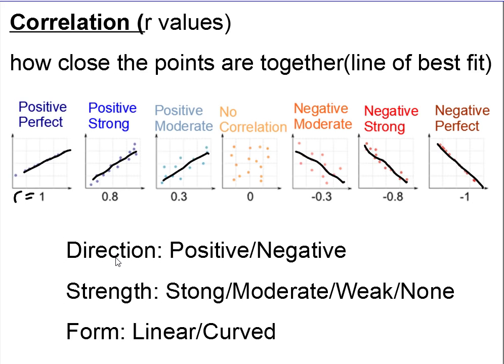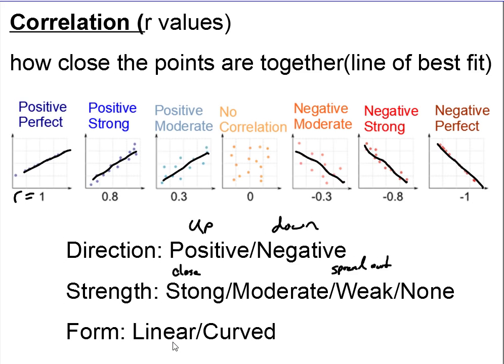So direction is the positive or negative. Do the points go up or do the points go down? Strong, moderate, weak, or none is how close the points are to the line of best fit. Is it strong? They're close. Moderate, weak? They're spread out, or is there no relationship at all?